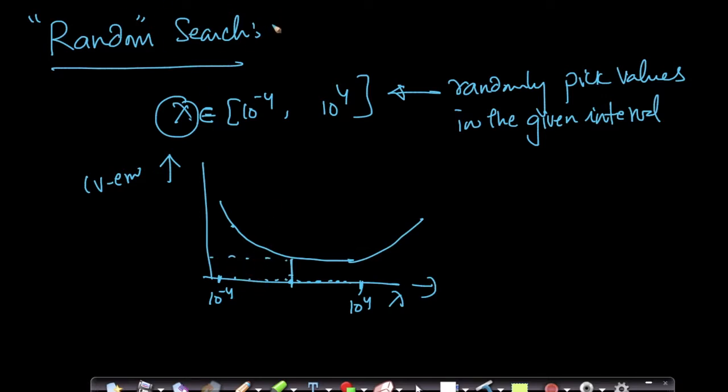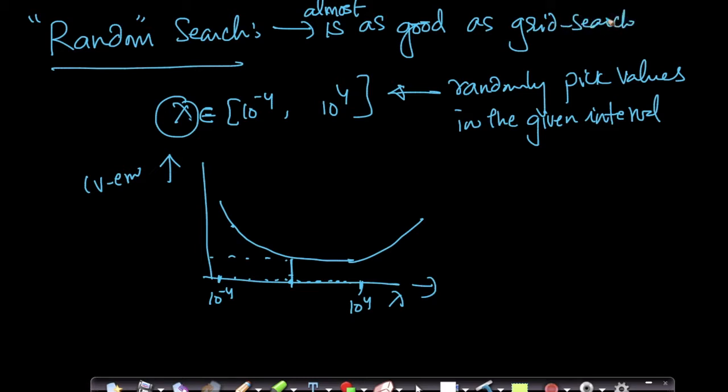There is some very interesting literature which shows that random search is almost as good as grid search, or even sometimes faster than grid search, especially when the number of hyperparameters is large. The random search concept came from deep learning, which is a very recent area of machine learning.